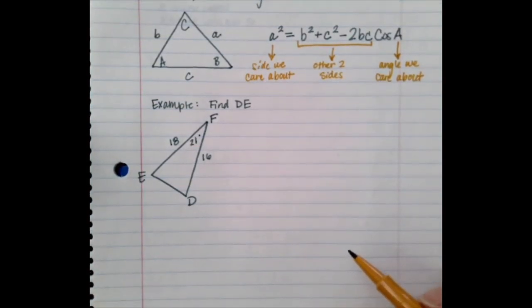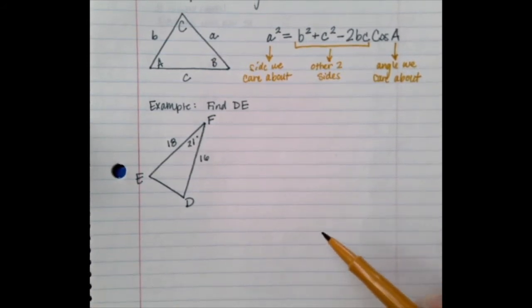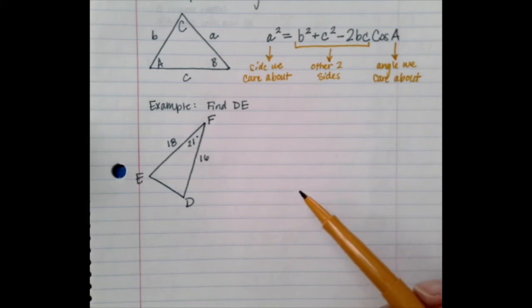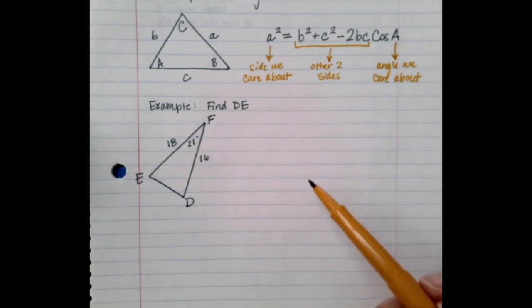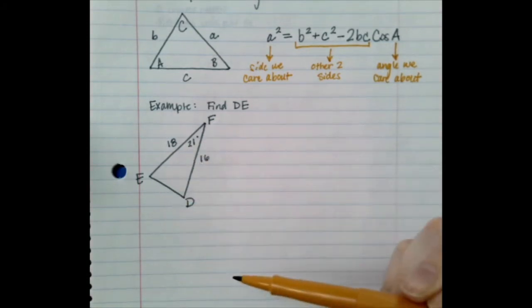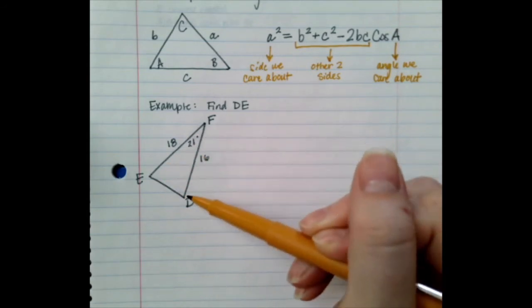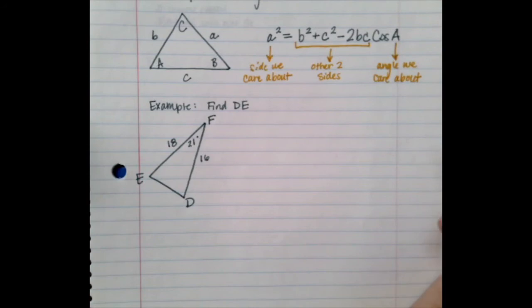My very first step is to make sure that I can actually use the law of cosines, or later if we're going to be using the law of sines. Remember, law of cosines we can only use if we have SSS or SAS. We obviously do not have side, side, side because I'm missing this side. But I do have side, angle, side. So I can use the law of cosines.